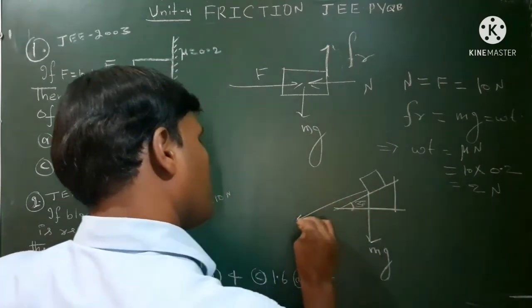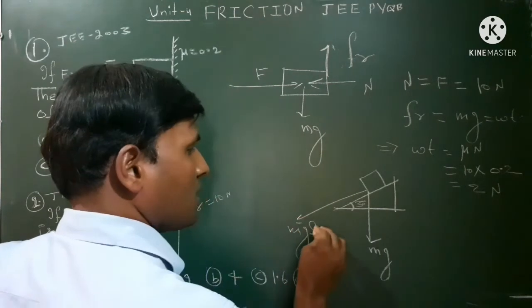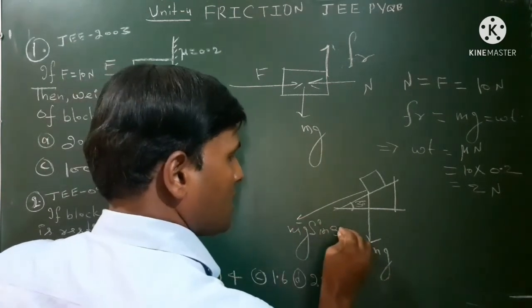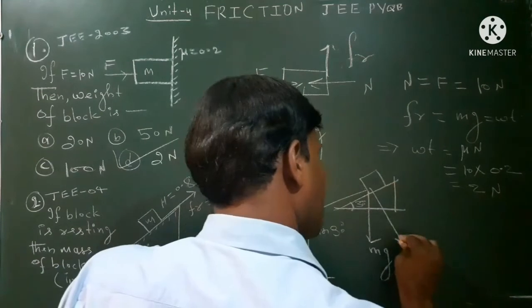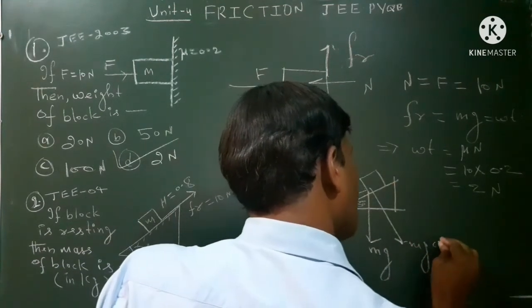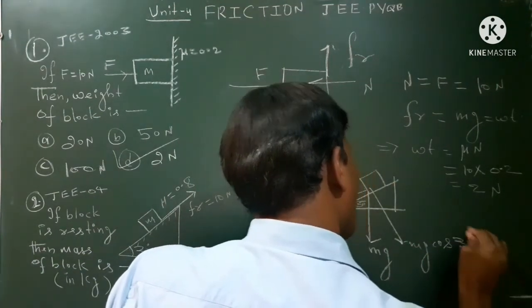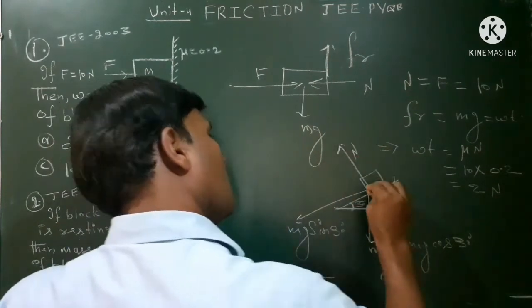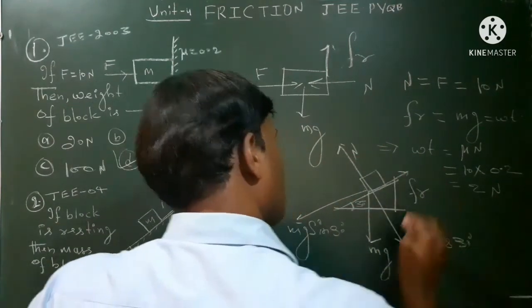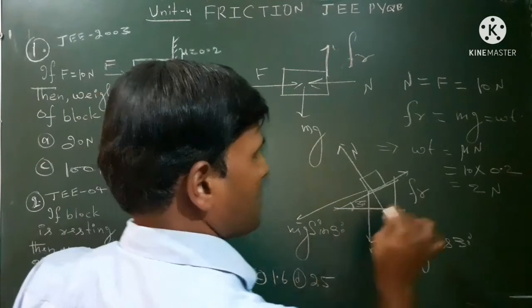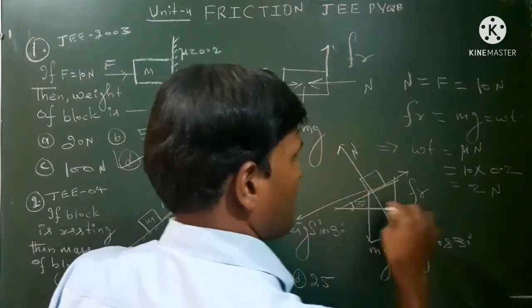If it is resting, this is mg and the angle is already 30 degrees. The components of mg are mg sin 30 degrees along the plane and mg cos 30 degrees perpendicular, balanced by the normal reaction N. The force of friction is balanced by mg sin 30 degrees without any sliding.